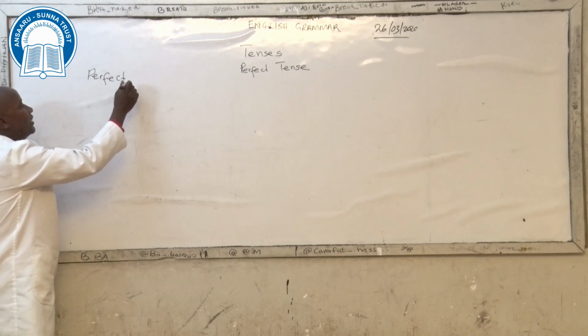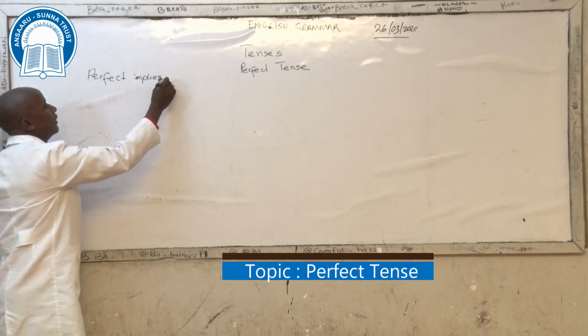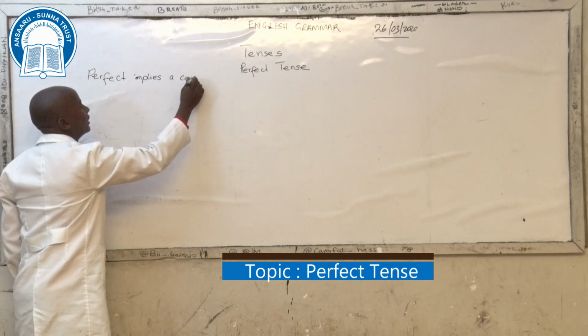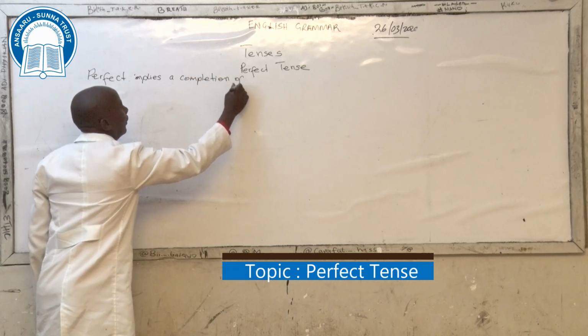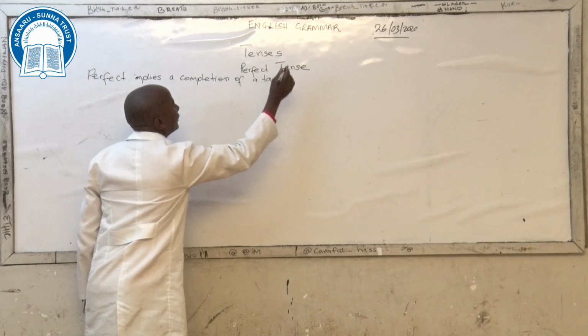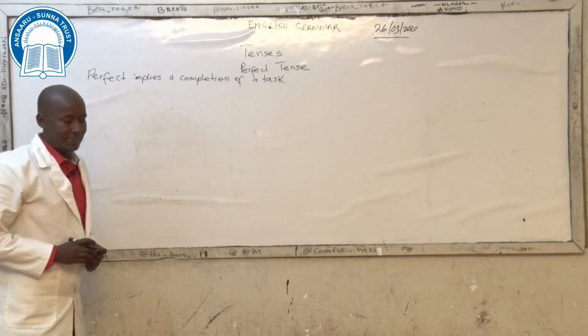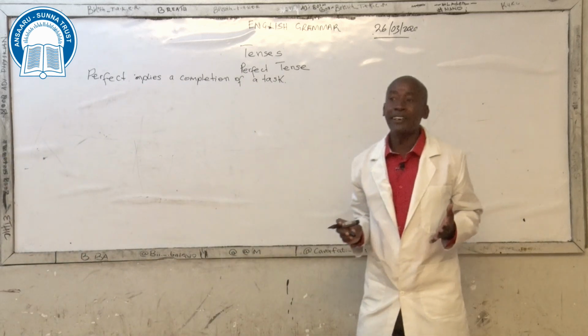Perfect implies a completion of a task. Any given task that is perfect, like the word perfect, well done.